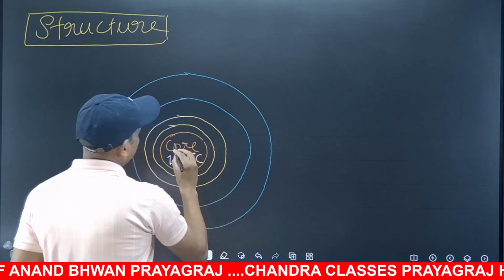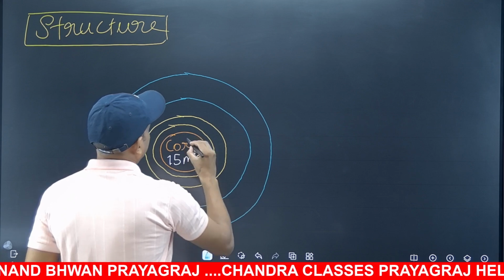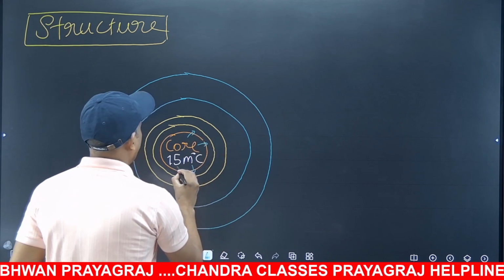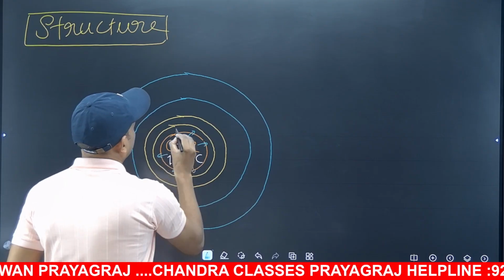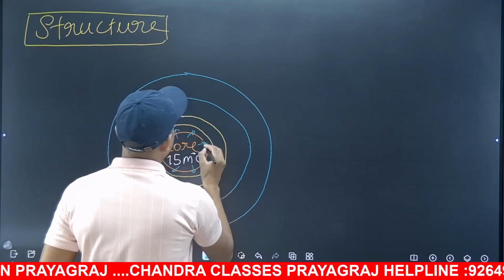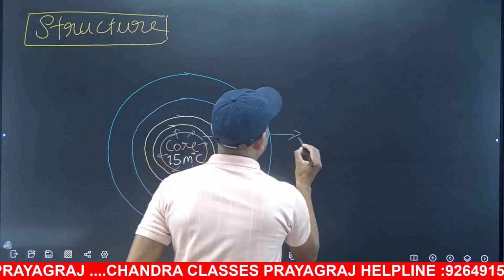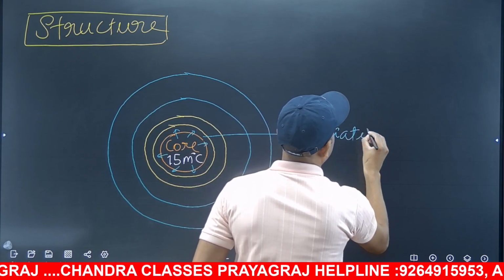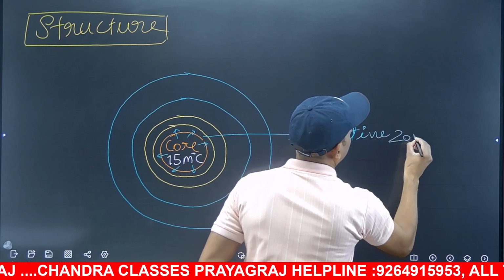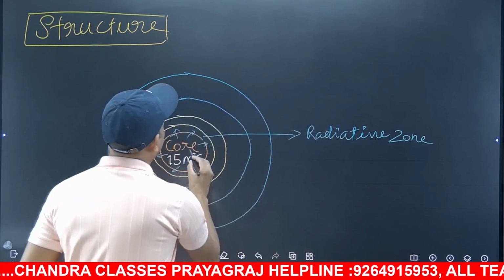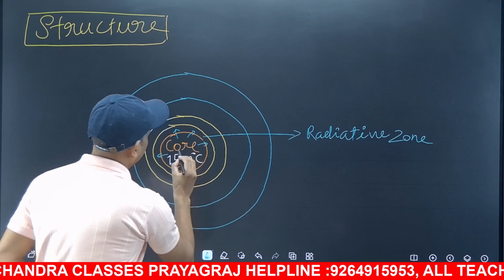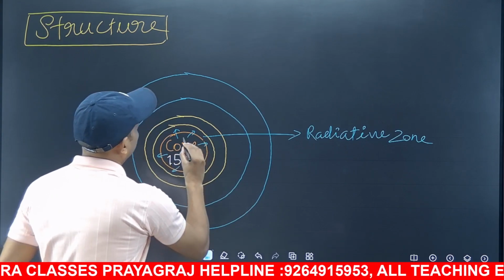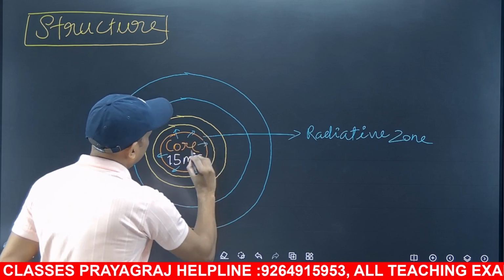The energy from the core is transported outwards in the radiative zone in the form of gamma radiation, because energy is produced here especially in the form of gamma radiation, and then gamma radiation radiates to the nearby region.